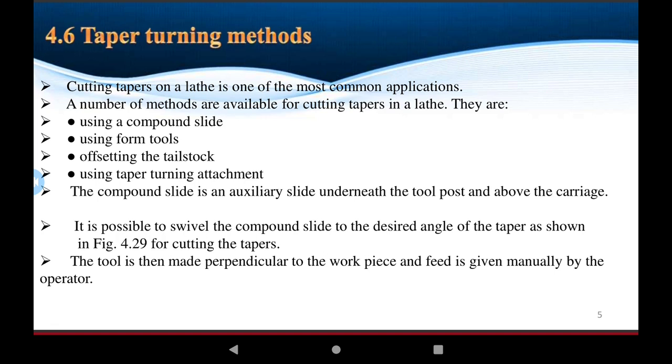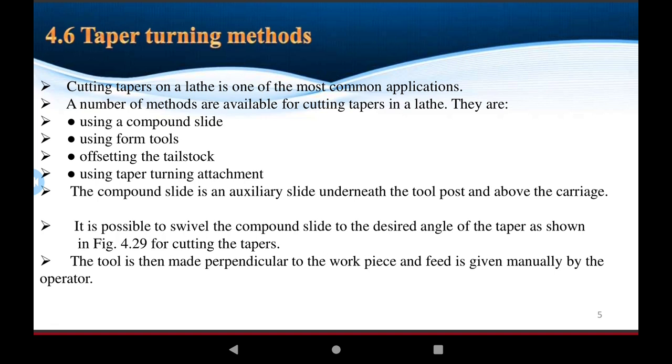Taper turning is also required by some fields of application of the job, and it is one of the most common applications for lathe machines. A number of methods are available for cutting taper on the lathe.